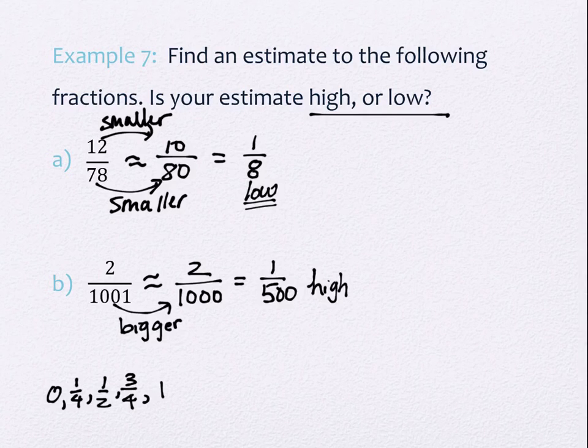The number 2/1001, which is approximately 1/500, is very, very small. It's practically speaking 0. So you would say, if that were your direction set, that your answer is 0. And of course, 0 is smaller than what you had, so it would be a low estimate if that were what you were given to work with. Does that make sense?